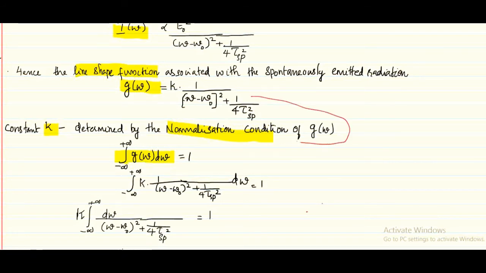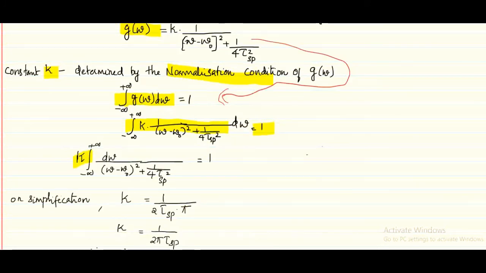Substituting the value of g omega, and taking k outside the integral, k integral d omega by omega minus omega 0 whole square plus 1 by 4 tau sp square equals 1.